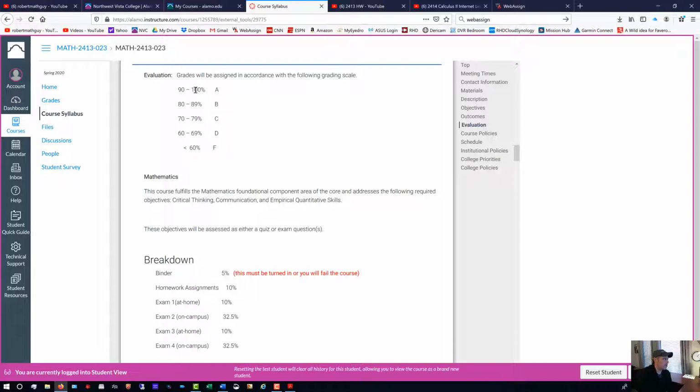So where's 89.4? Well, I'm going to use the standard rounding method. I'm going to look at the tenths place of the percentage. So 89.4, I would only round up to a 90 if it was an 89.5.